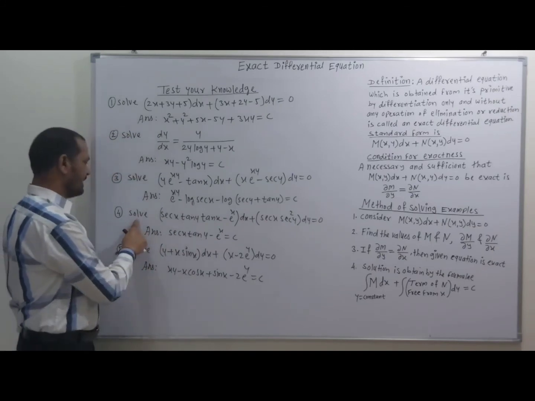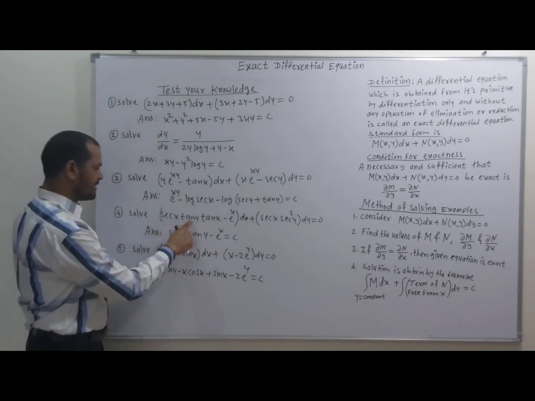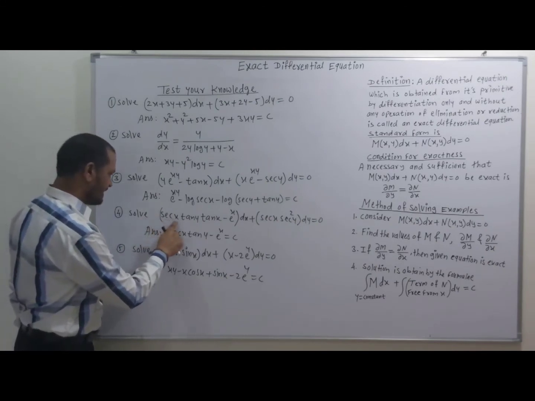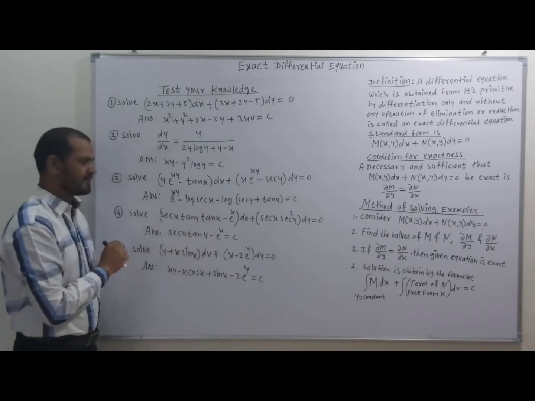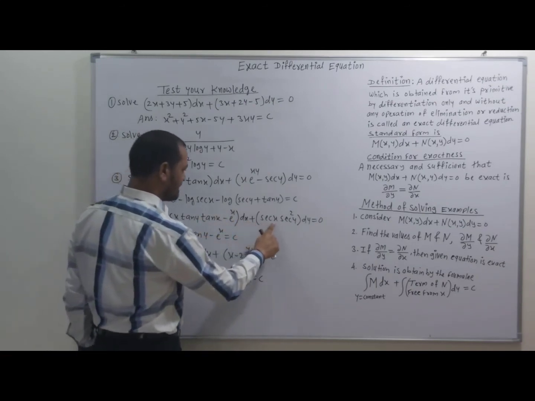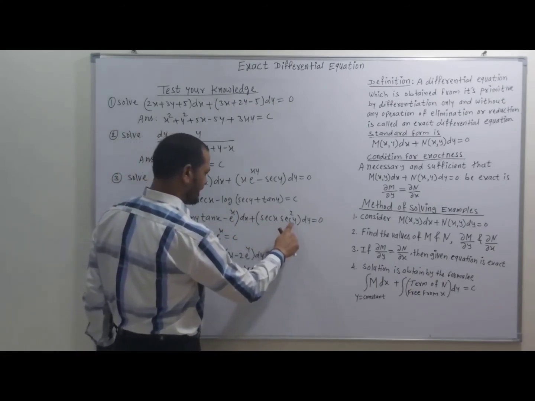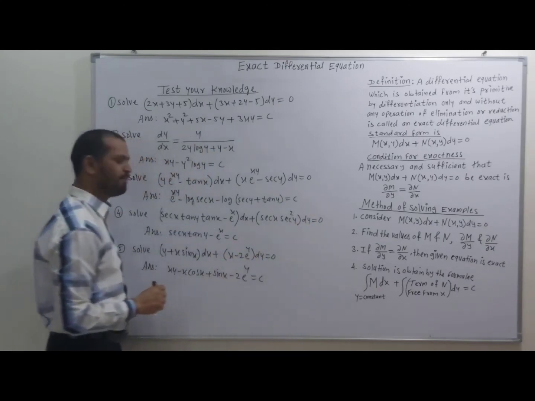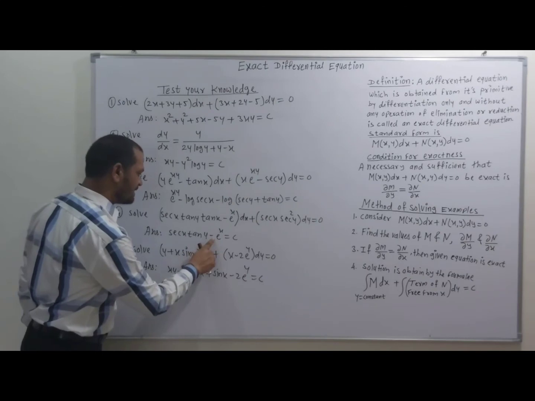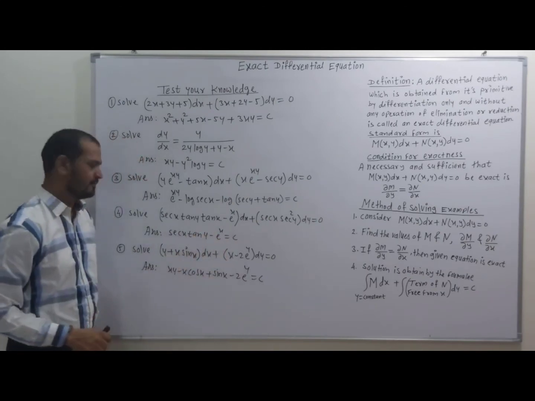Then the fourth example is: solve (sec x tan y tan x minus e raised to x) dx plus sec x sec square y dy is equal to 0. The answer is sec x tan y minus e raised to x equal to c.